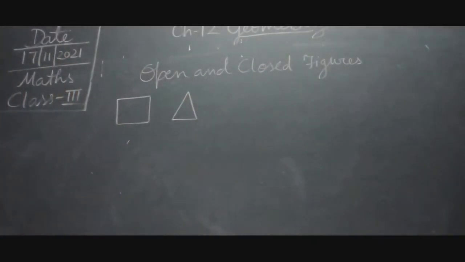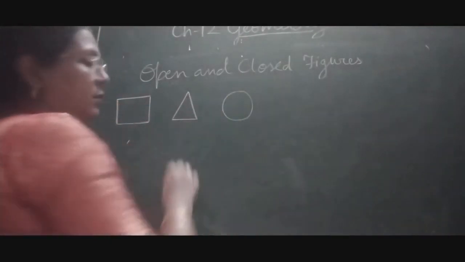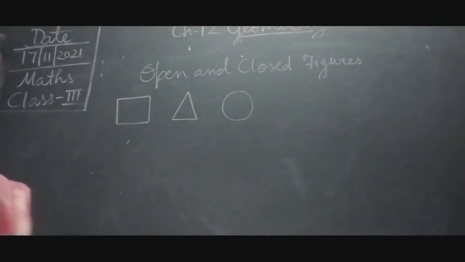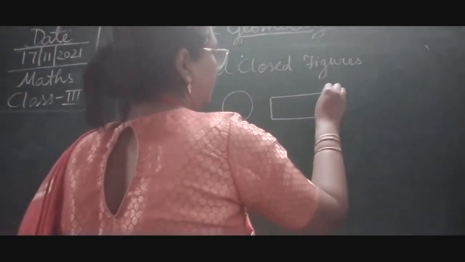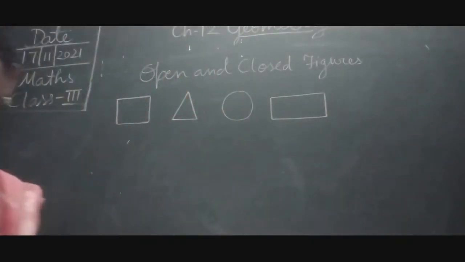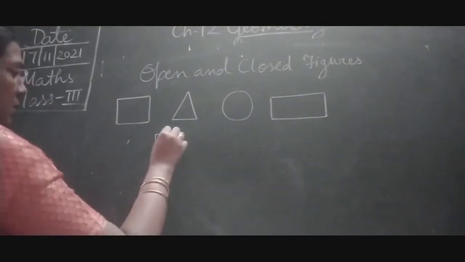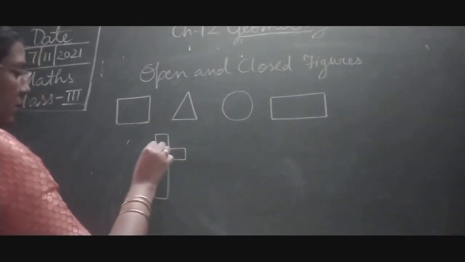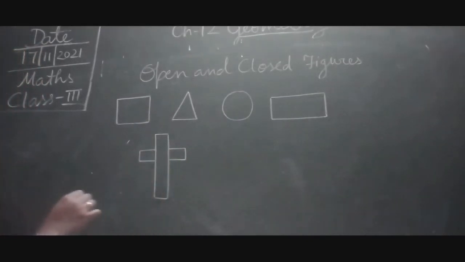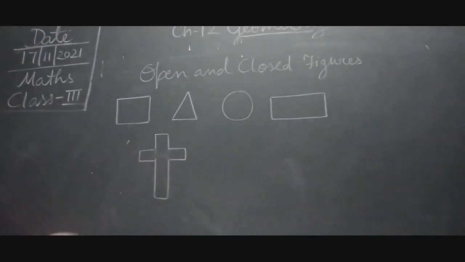Okay children. Now a circle is a closed figure. Now a rectangle is a closed figure. A cross is also a closed figure. This is also a closed figure.